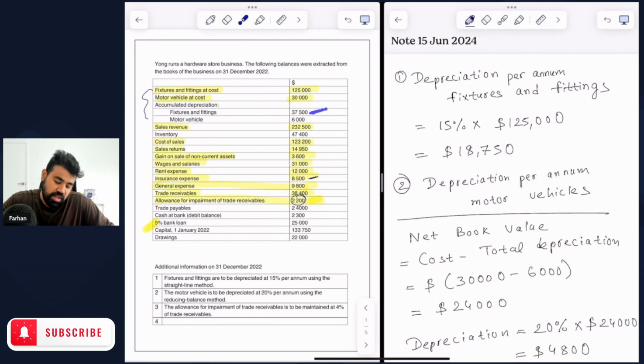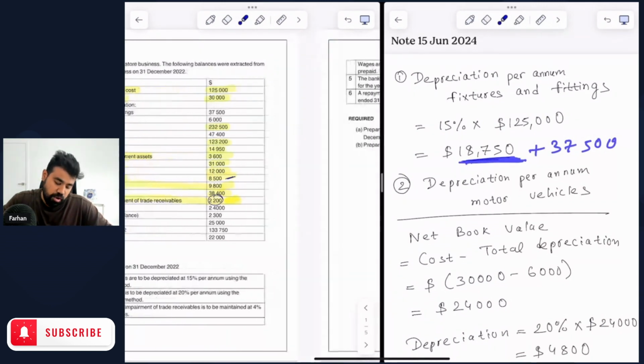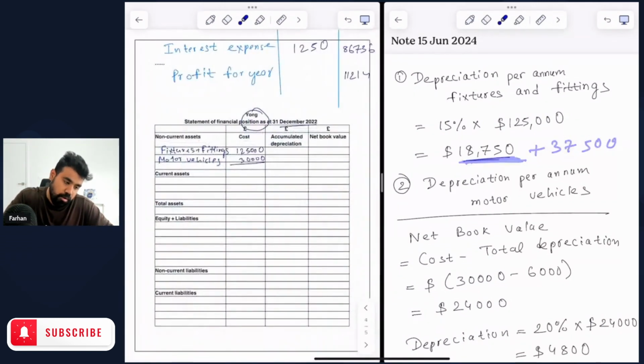For fixtures and fittings, it's 37,500 plus an additional 18,750 for the financial year ending 31 December 2022. So 18,750 plus 37,500 should give you the accumulated depreciation for fixtures and fittings. And if you get 56,250, you are correct. So 56,250. Let me just quickly write that here.